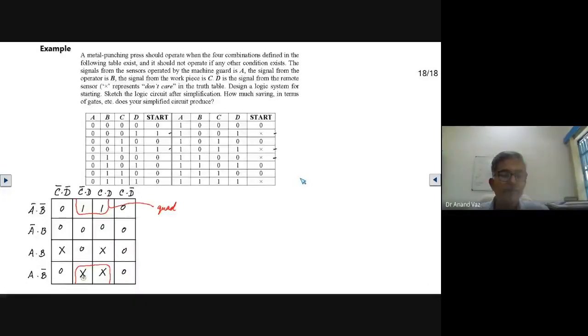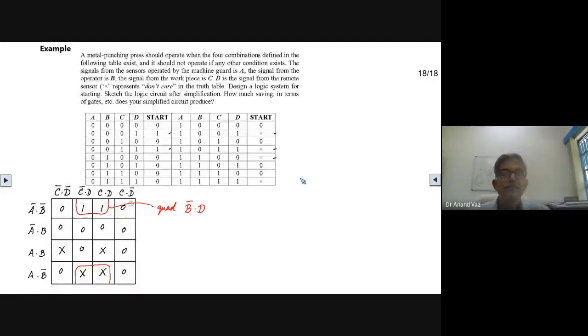So you are left with not B, not B, and D. Okay. So you can see that just by outlining this quad, you are able to eliminate two variables.